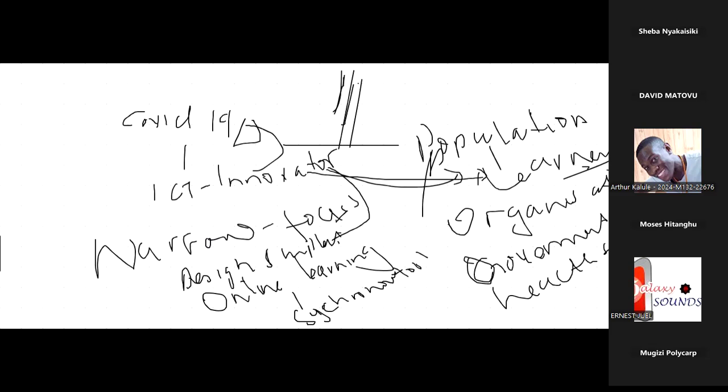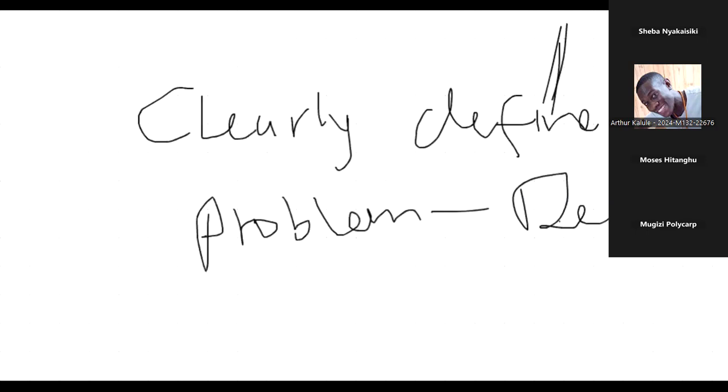Once you have that clear, you will know whether you can answer this with a quantitative or a qualitative approach. If it is qualitative, what's the method? If it is quantitative, what's the method? So I think it was Moses who asked that question. Yes, doctor. So Moses begins with, what is your research problem, before we start talking about sampling?